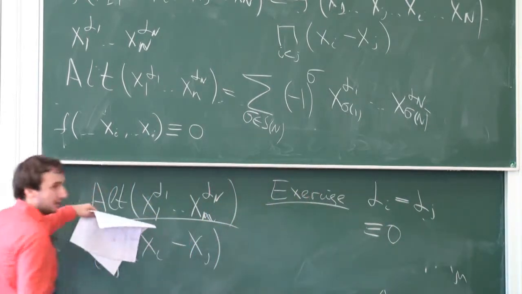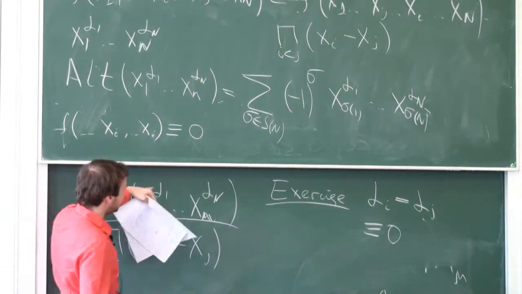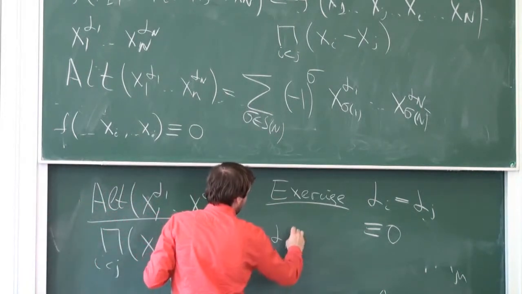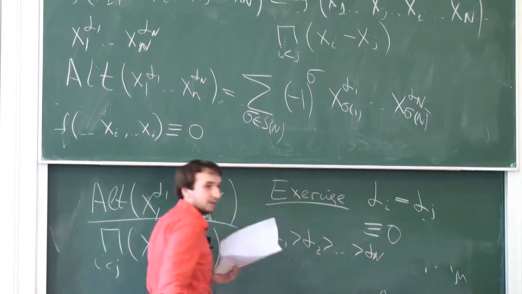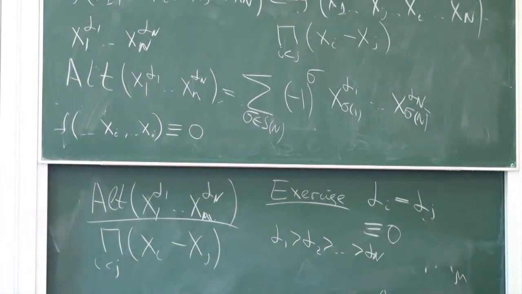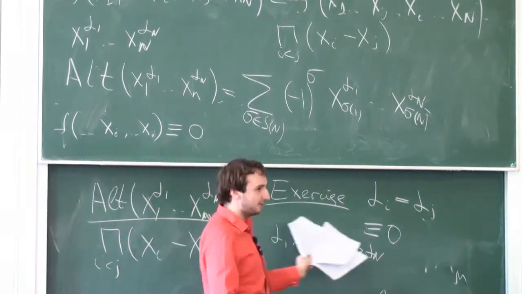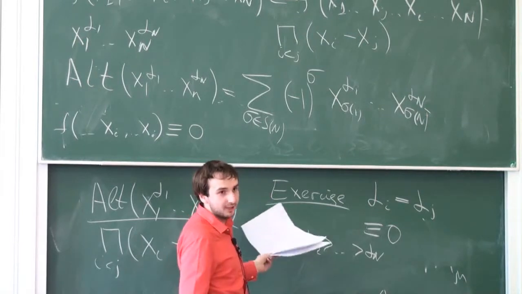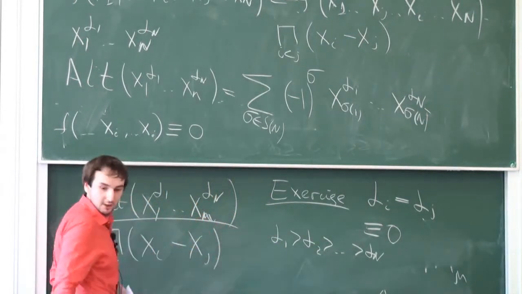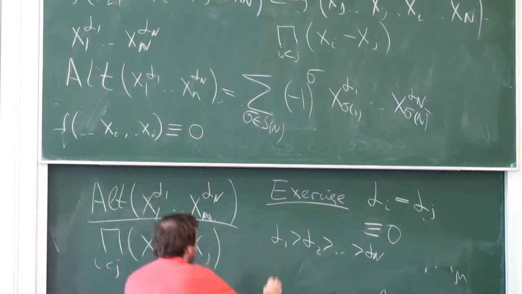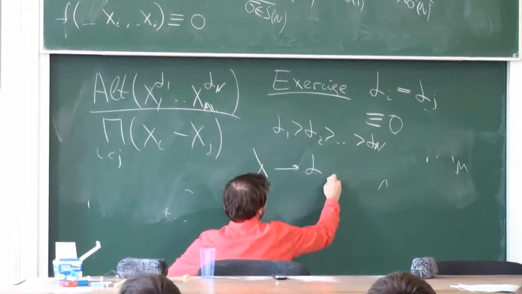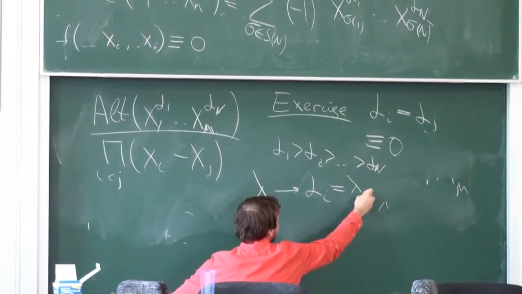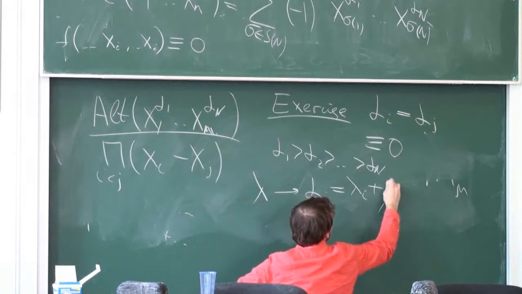It means that it is enough to consider only the sequences which are strictly decreasing, alpha 1 greater than alpha 2 greater than through alpha n. Since we were dealing with partitions before, it is convenient to parameterize it again by a partition, which is the same thing, but with strict inequalities replaced by weak inequalities. To do that, given lambda, we define alpha i to be equal to lambda i plus n minus i.